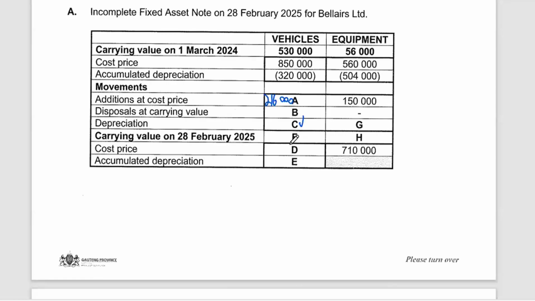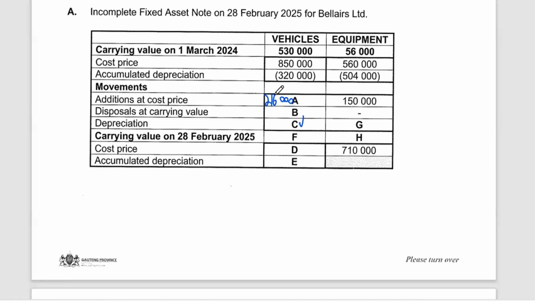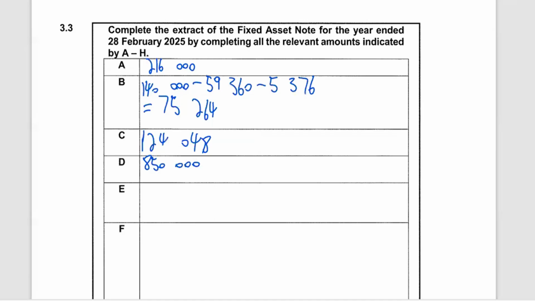Then D, we are supposed to calculate our cost price at the end. So how do we get our cost price at the end? We're going to say our cost price at the beginning, which is 850,000. Plus our additions at cost, which is 216,000.